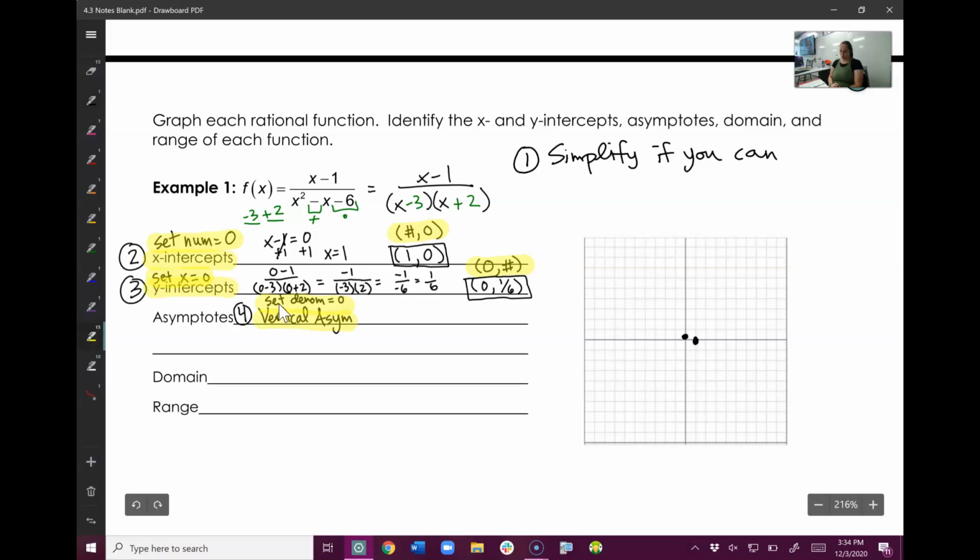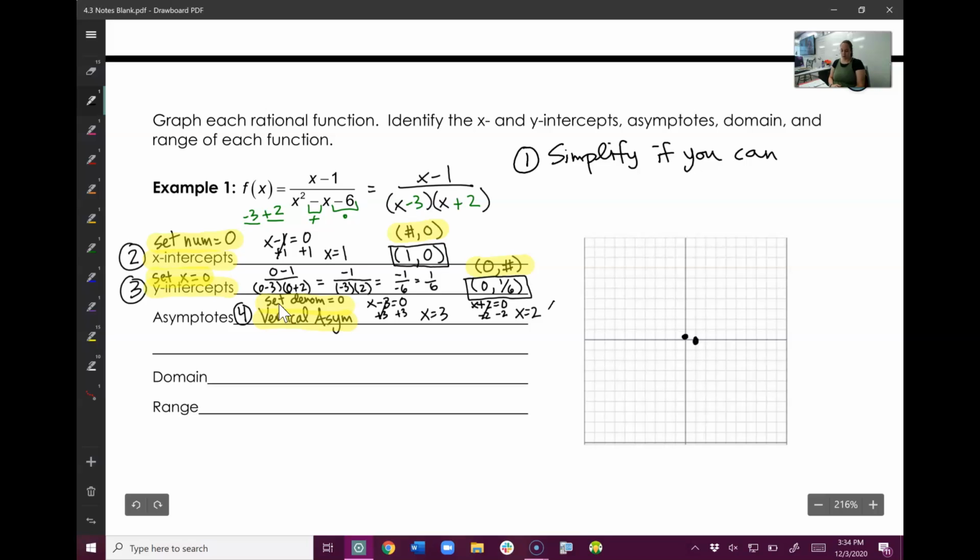So now I'm going to look at my equation and take the denominator. In this case, I have 2. So I'm going to set them both equal to 0. For both x-intercepts and vertical asymptotes, if you have more than 1, you just set them all equal to 0. And there's my vertical asymptotes.